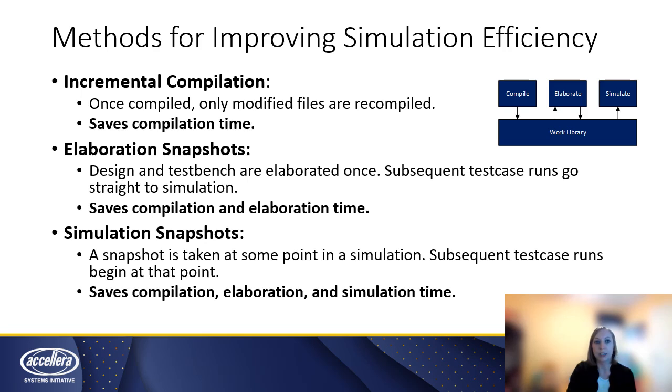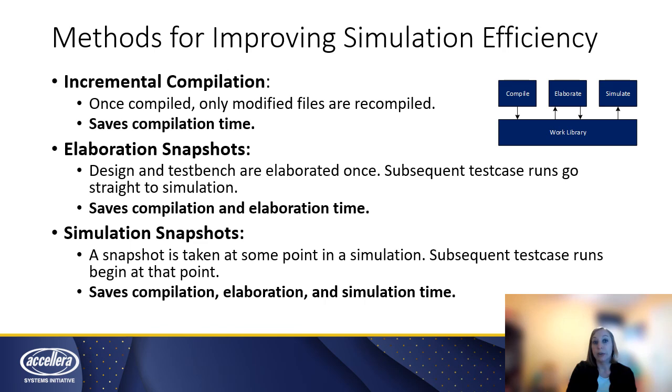Think of this in the context of a regression. The design and test bench are elaborated for the first test of the regression, and all other tests use the output of that elaboration. Both incremental compilation and elaboration snapshots allow reuse of previously processed data so that more time can be spent in value-add simulation.